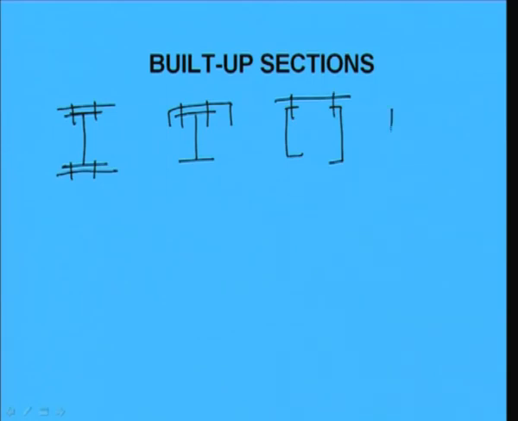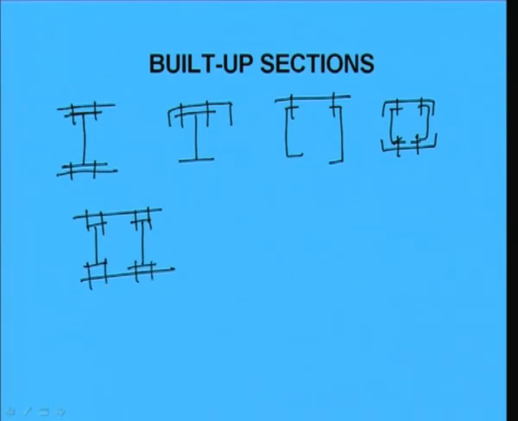Another is two channel sections along with another two channel sections. Another is two I sections with a plate. All these depend on how the load is coming, what the magnitude of the load is, and in what way it is coming. According to that we have to find out the configuration of the built up section.